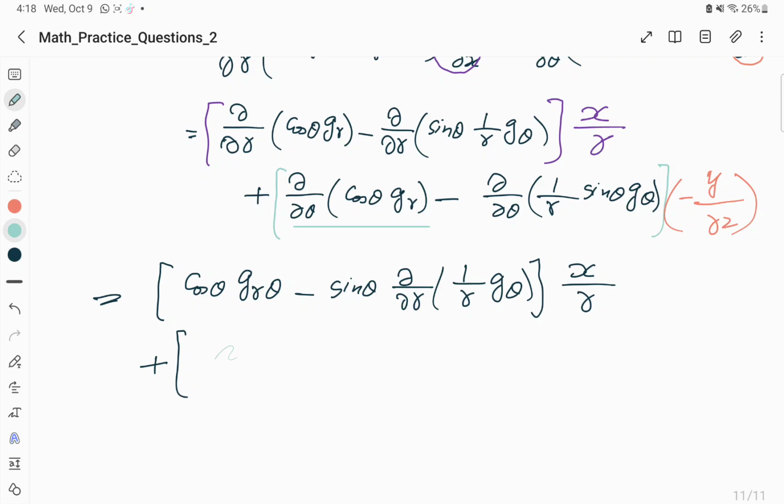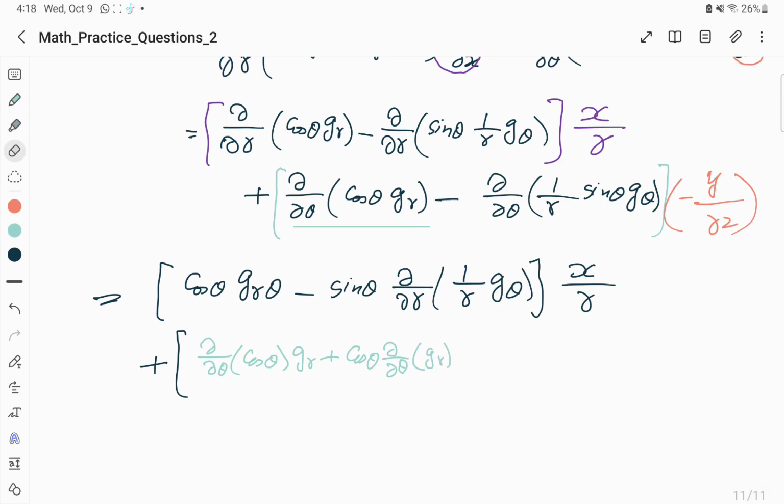So it will be the derivative with respect to theta of cos of theta, that g r will be written as it is, plus that cos theta will be written as it is, and we have to multiply with the derivative with respect to theta of g r.